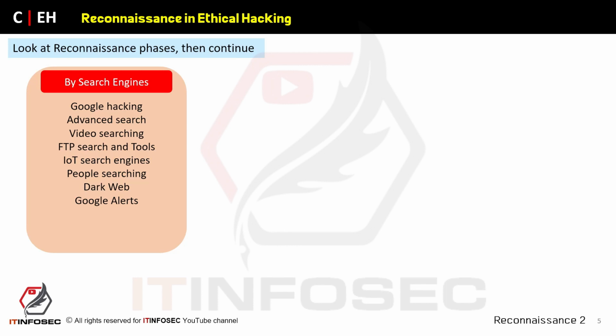Maybe you can get information by database hacking or advanced search, from FTP, or from metadata, and many more items may be accessible for getting information. The first main part is the search engine.